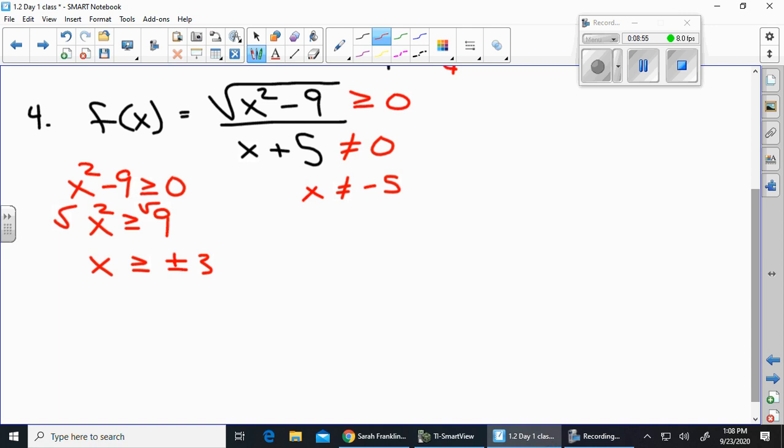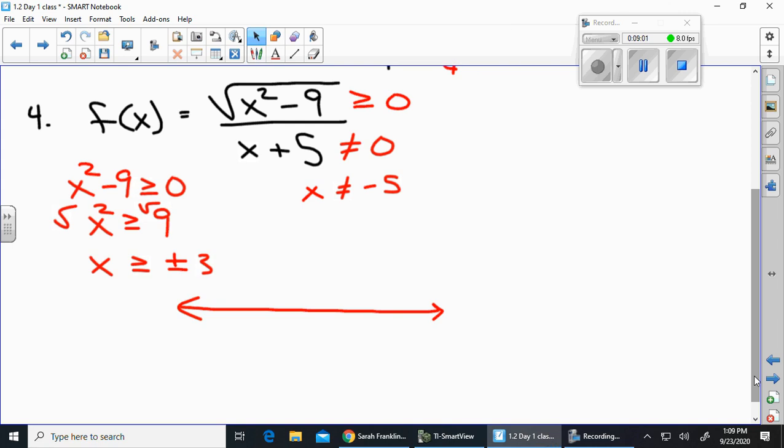Well, you actually have to think of absolute value. So x is greater than 3, like 4, 5, 6. If I put 4 squared minus 9, it will work. But if I put 2 squared minus 9, I'd get a negative. So greater than or equal to 3 would be that.